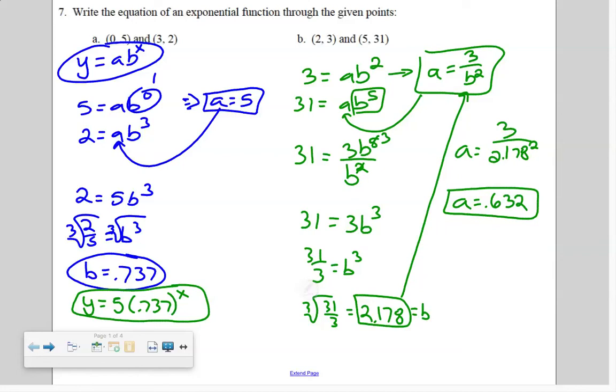So we now have that a and b value. So our final equation, we get y equals our a value, 0.632, times b, 2.178, raised to the x power. That exponential function contains both of those two original points.